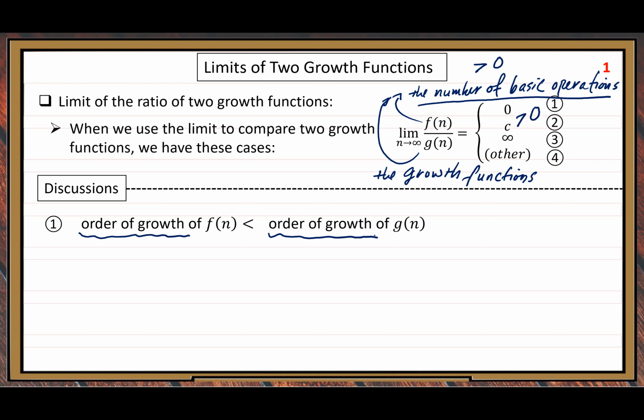This way, the limit result can tell us this inequality result. The inequality for what? For the comparison, for the order of growth of those two growth functions.